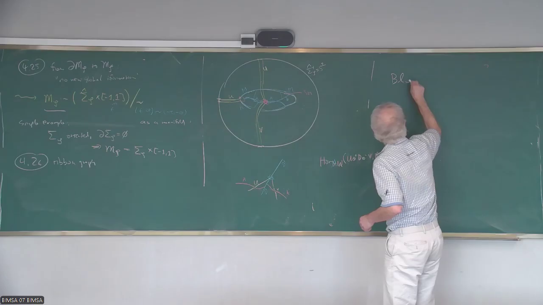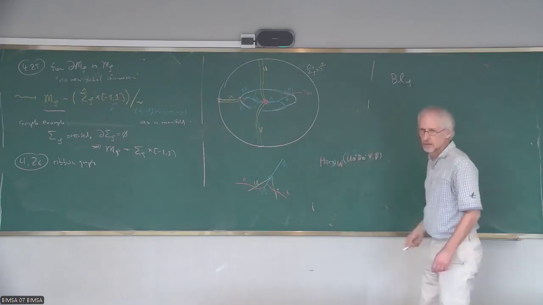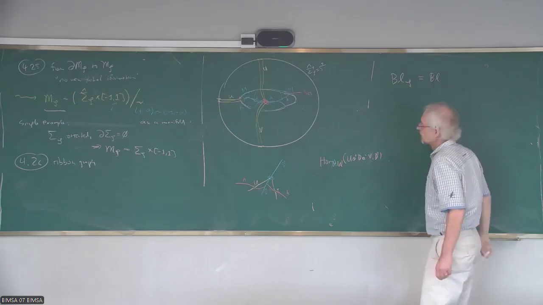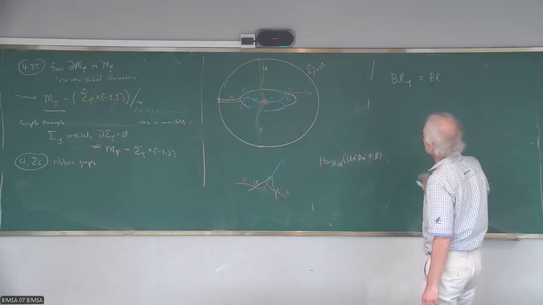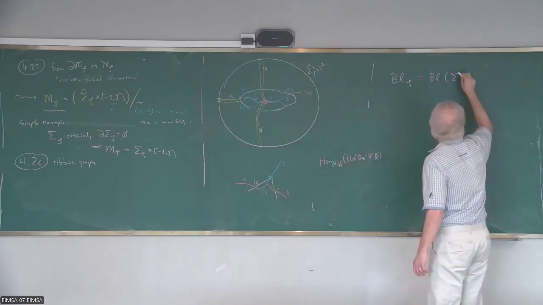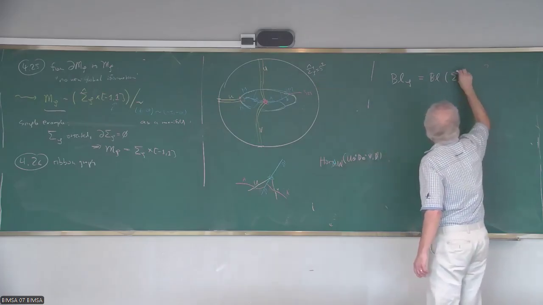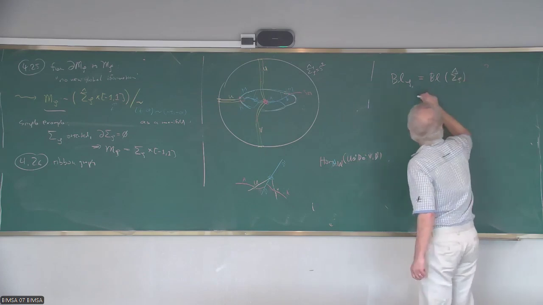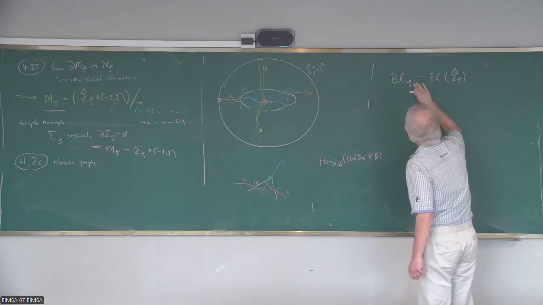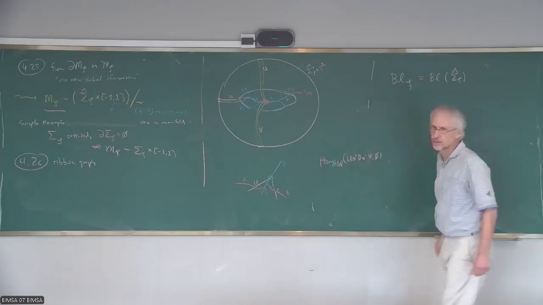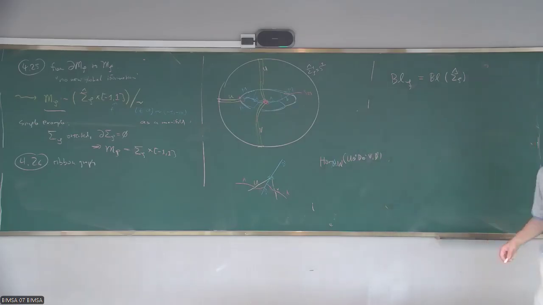The block space for S is the space of conformal blocks for this sigma hat S, where the representation labels give me the representation labels here.